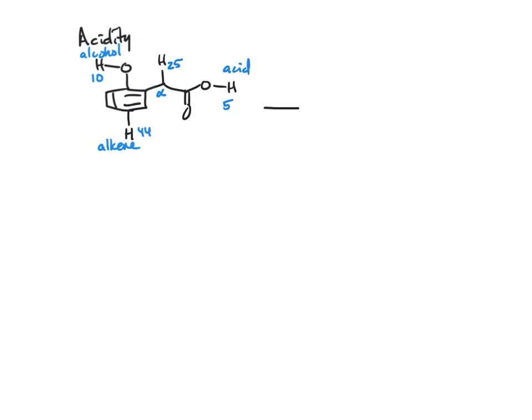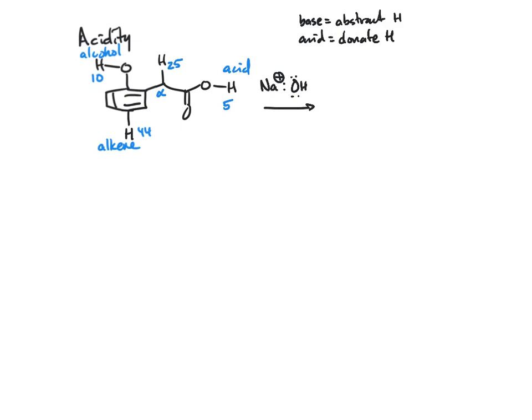The base that we can use is pretty common, sodium hydroxide. So there are the verb meanings of acid-base. They always occur in a pair. You always have an acid-base reaction.